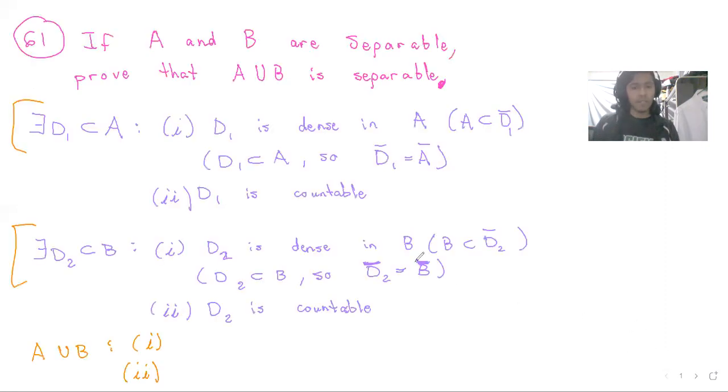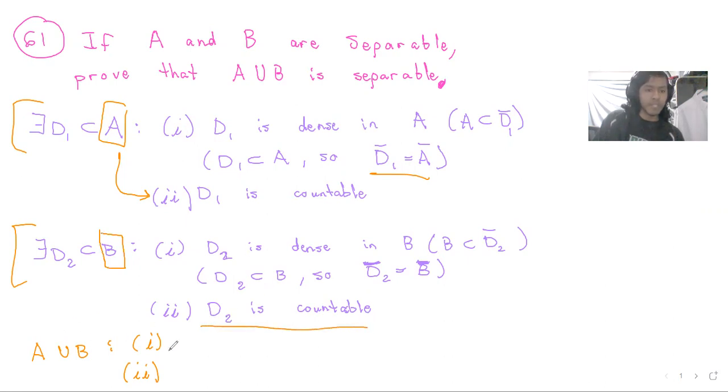And we know by theorem H for countable that a countable union of countable sets is countable. So we have A that's separable, thus D1 is countable, and we have that D1 is a subset of A, and then B is also countable.